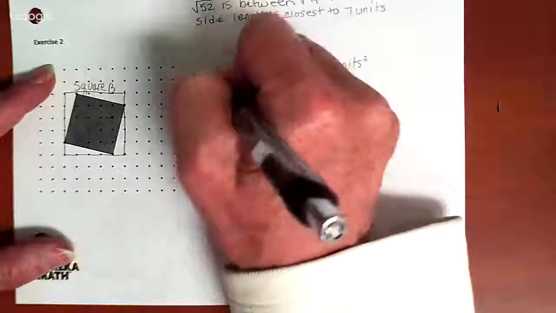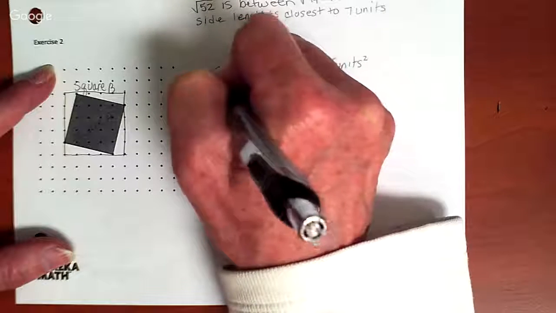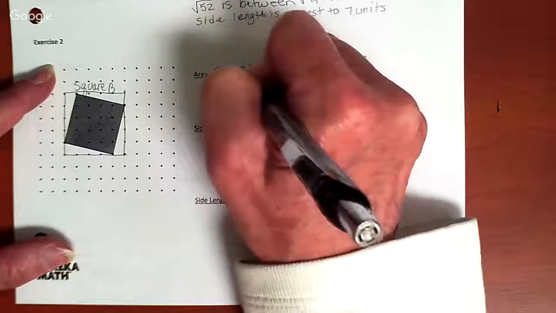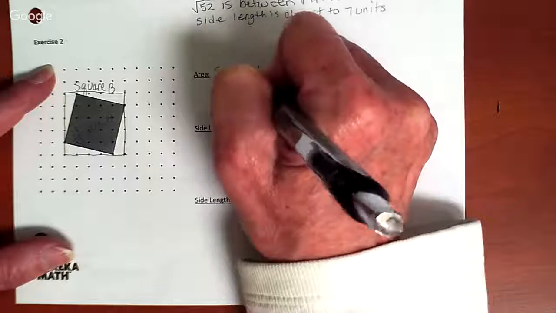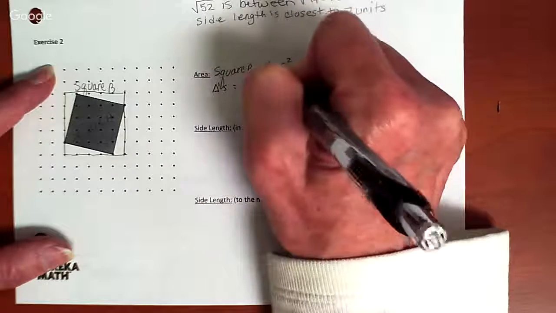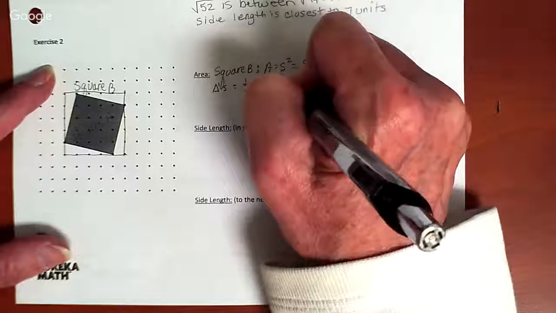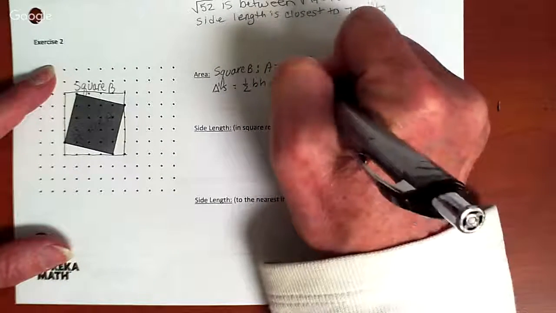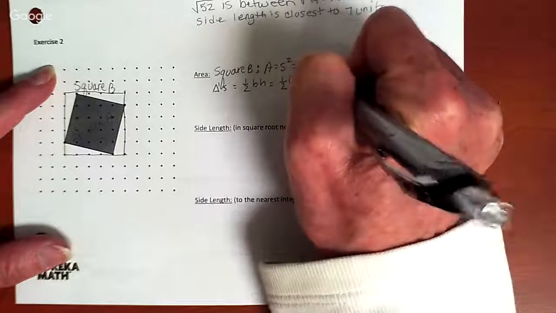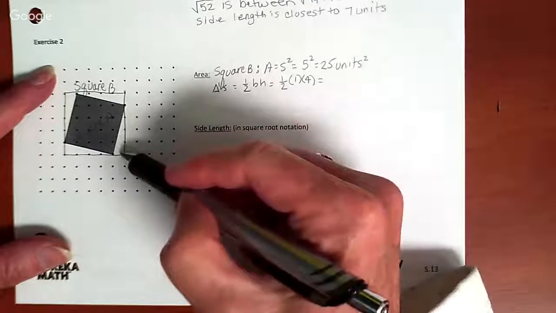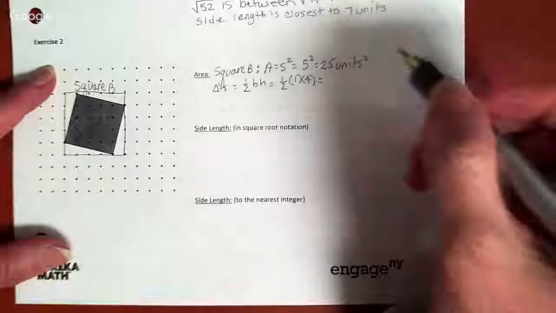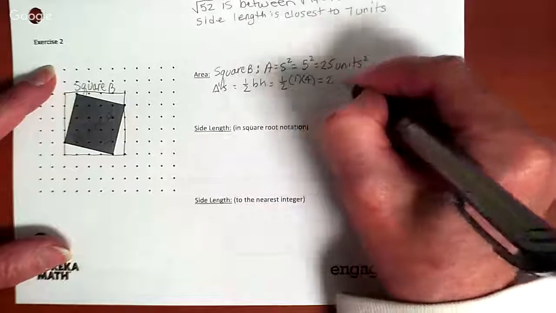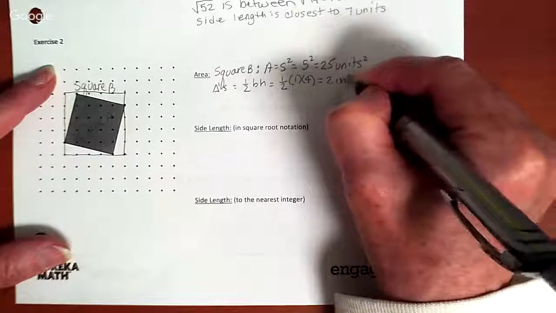We have our triangle, which is 1/2 base times height, which is 1/2 times 1 times 4. And as you can see here, we have 2 units squared.